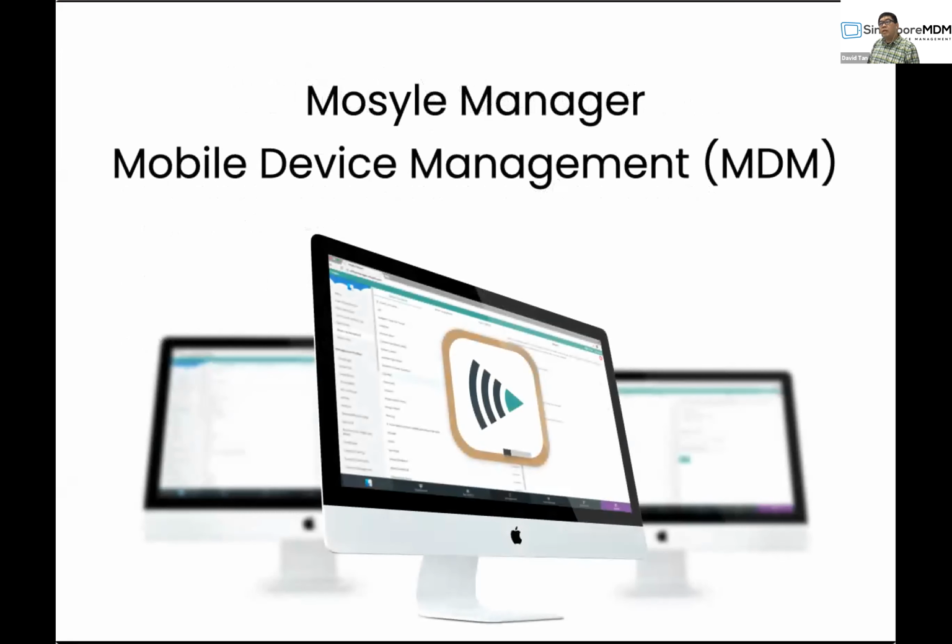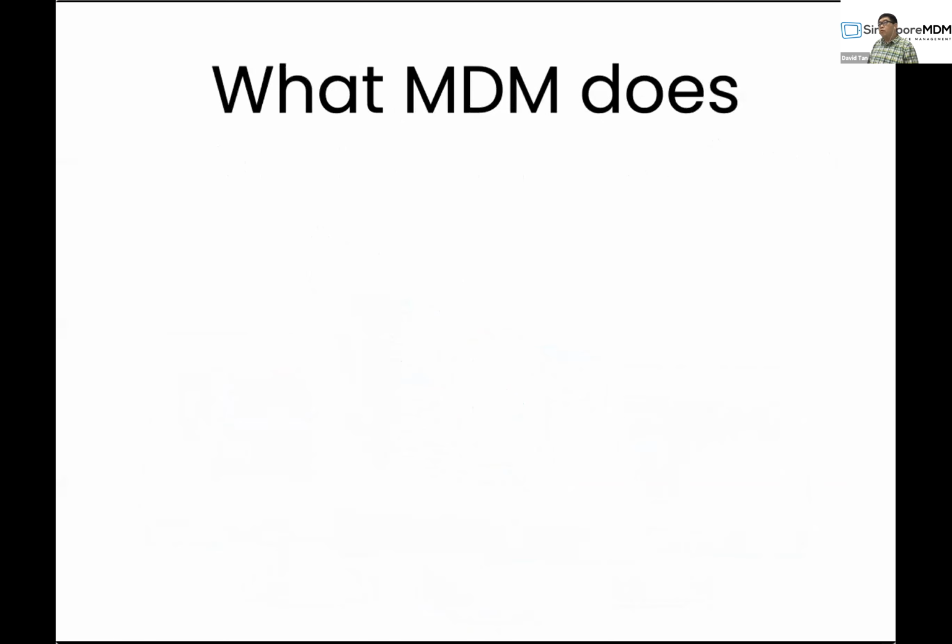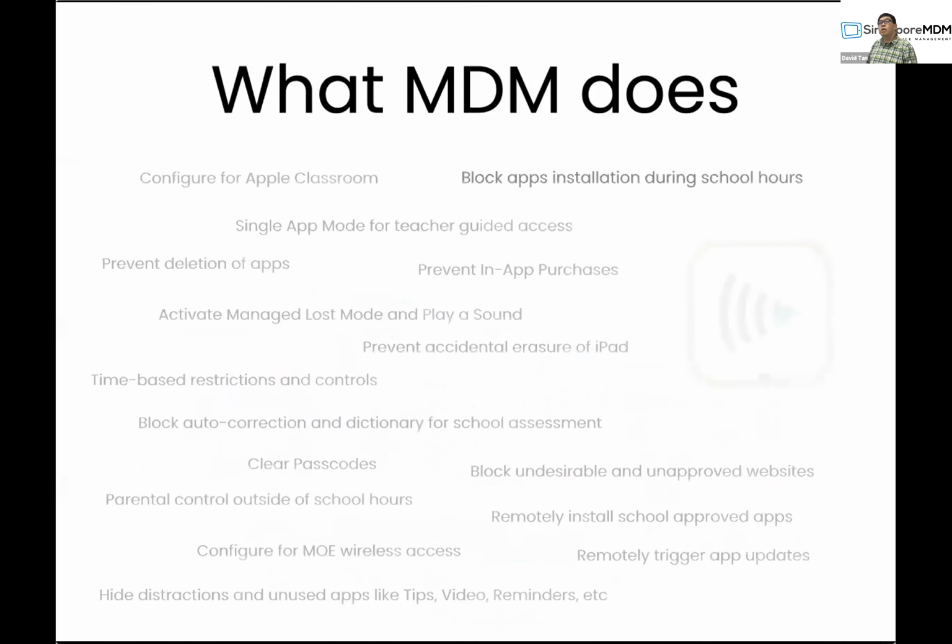The mobile device management, or MDM, that Admiralty Primary has selected is Mosyle Manager. It is one of a brand of MDM that is selected to help manage your child's device. What the MDM can do is actually quite a lot.